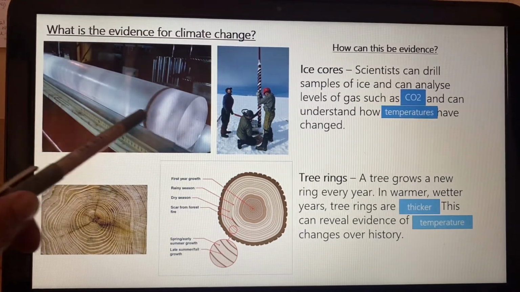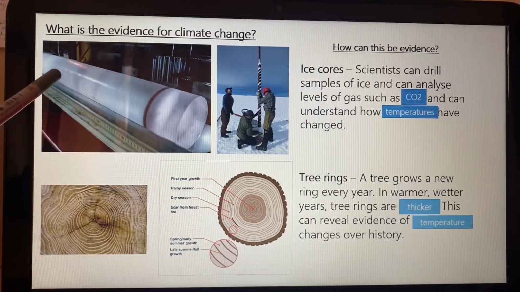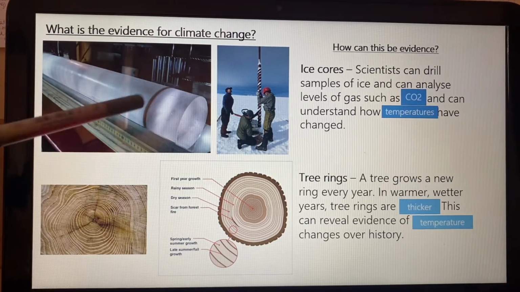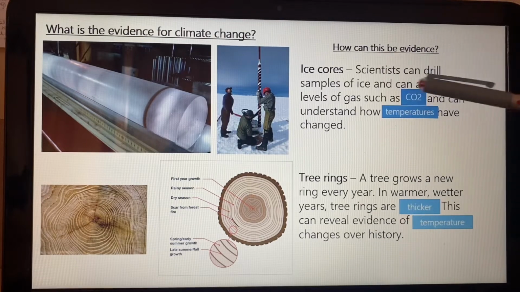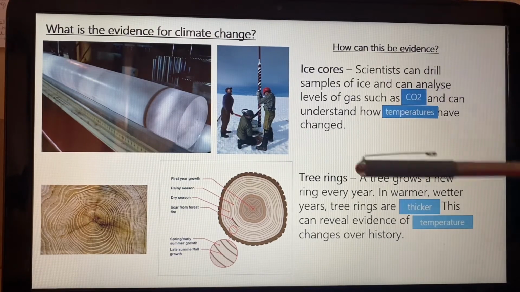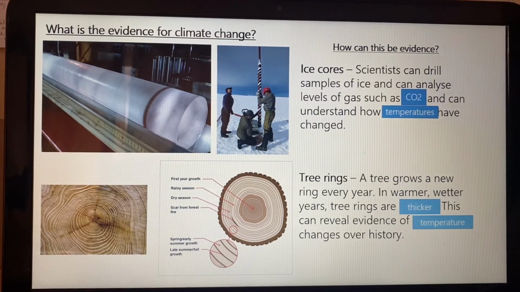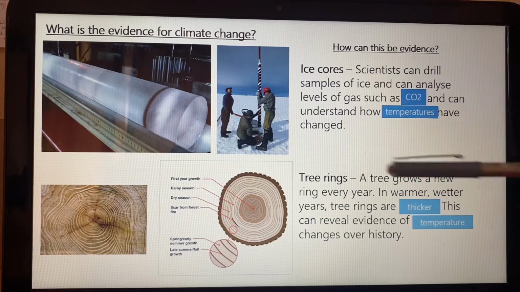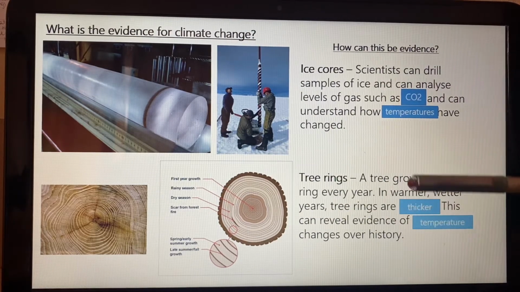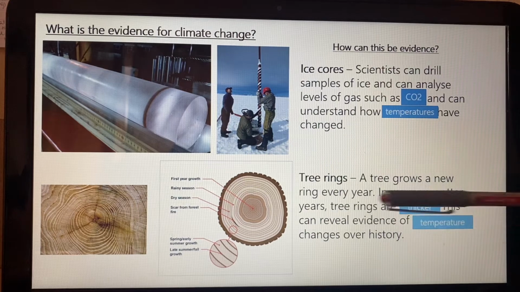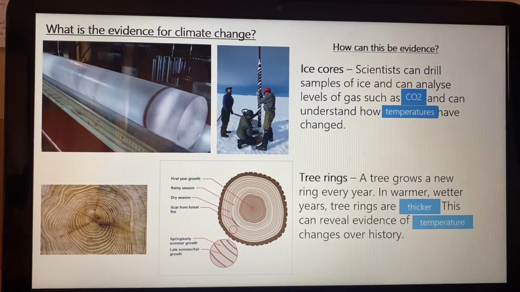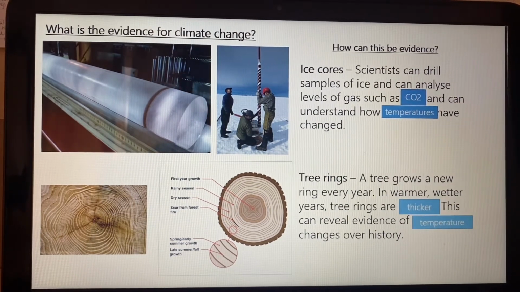These samples are used to see global temperatures from ages ago, and they can analyze the levels of CO2 within these ice cores. Tree rings also show that in warmer, wetter years, the tree rings are thicker. So thicker tree rings show that that time period was a warmer, wetter period, and that reveals the temperature history over time.